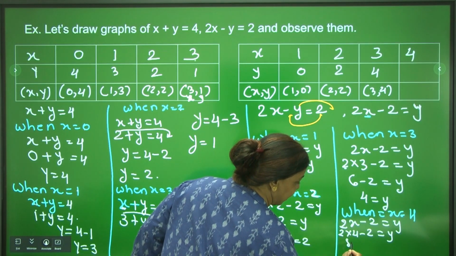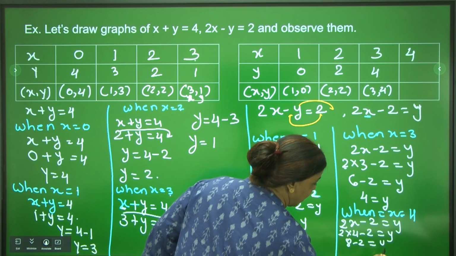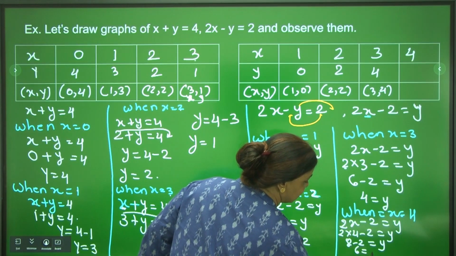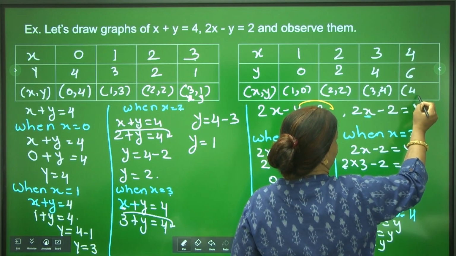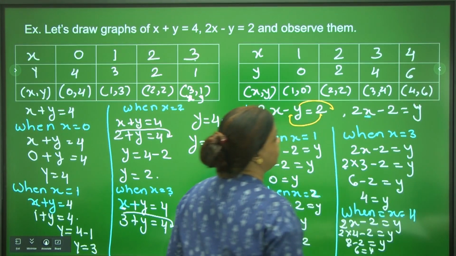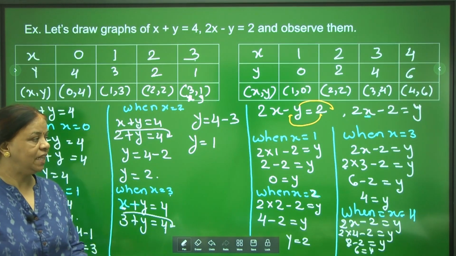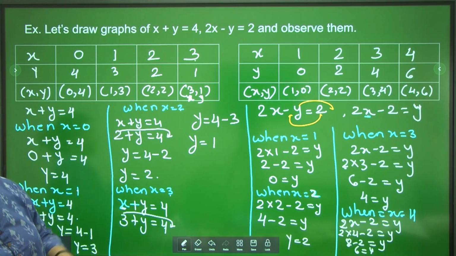So 2 4s are 8 minus 2 is equal to y. 8 minus 2 is 6. So we got 6, and your coordinates are 4, 6. You can pause. Let's plot it and observe the graph.